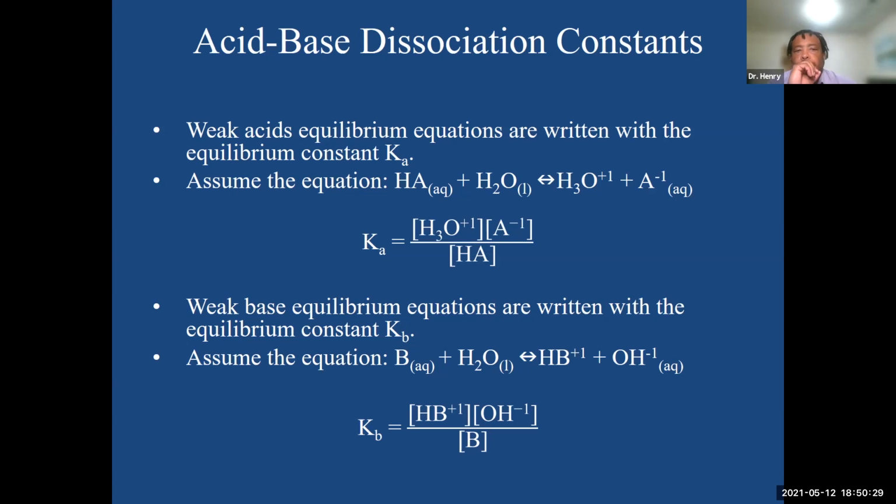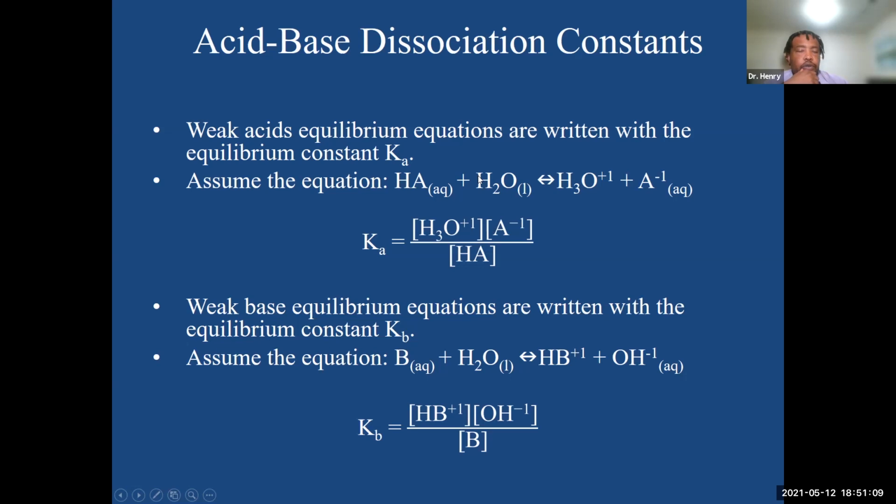So when we work with acids and bases, we write our equilibrium constants. This is the equilibrium constant for weak acids, so we call it Ka. That's just going to be the concentration of the hydronium ion times the concentration of the conjugate base divided by the concentration of the acid.